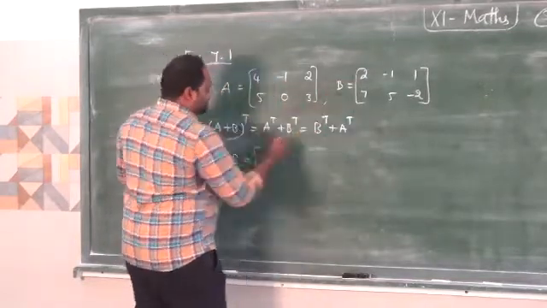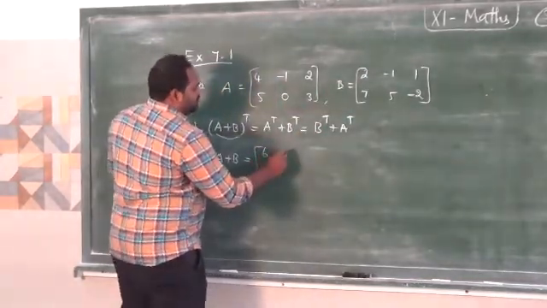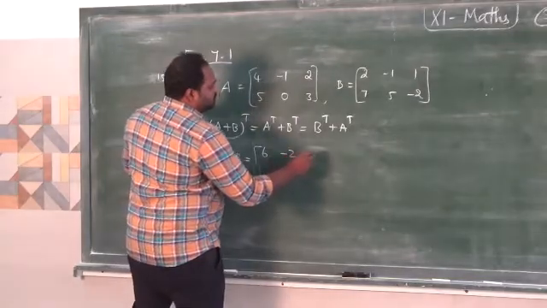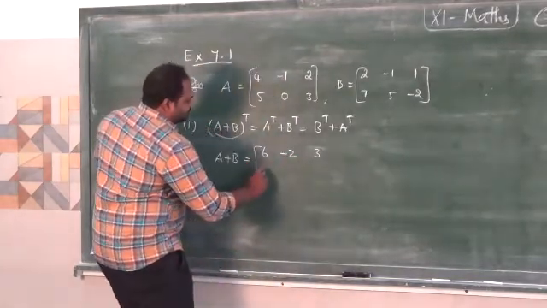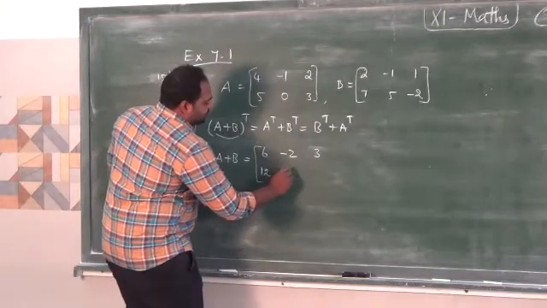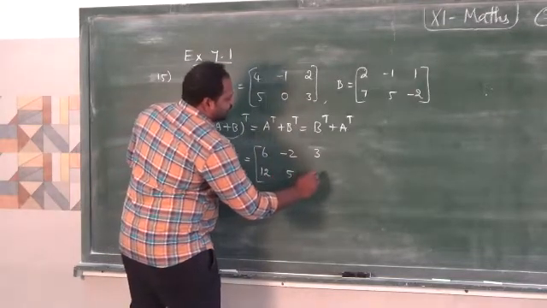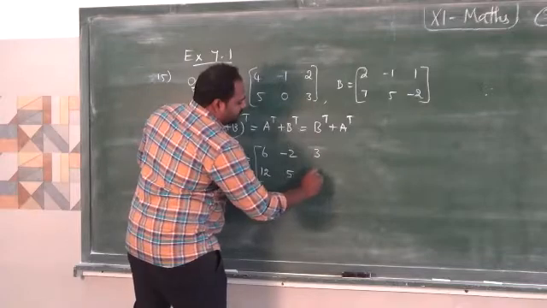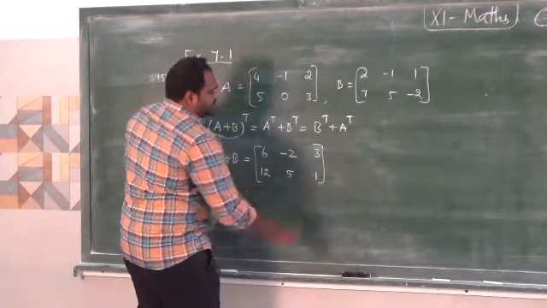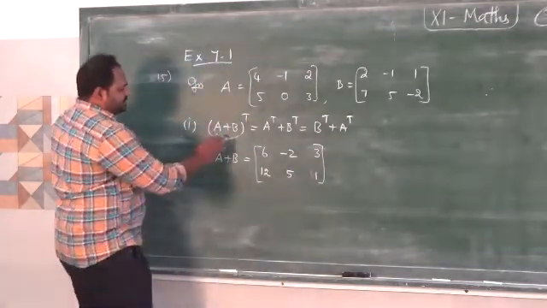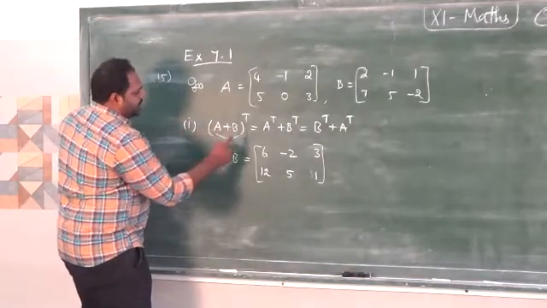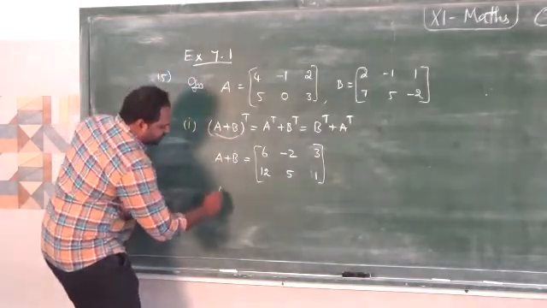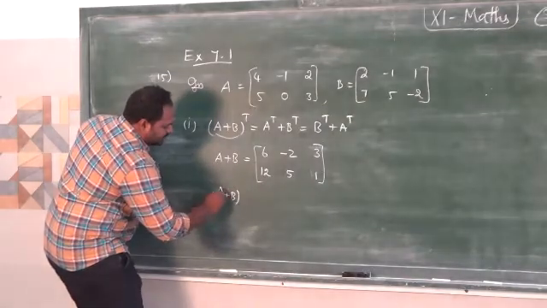So 4 plus 2 is 6, minus 1 plus minus 1 is minus 2, 2 plus 1 is 3, 5 plus 7 is 12, 0 plus 5 is 5, 3 minus 2 is 1. So this is A plus B. Next we have to find (A plus B) transpose.